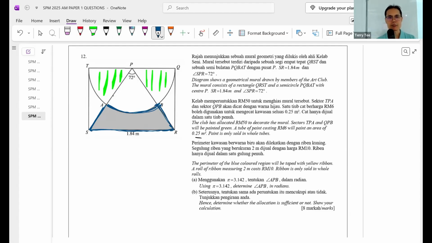Okay, where's APB? APB is 72. So very simple. What is your angle in radian? Angle APB will be 72 times 3.142 over 180. Give your answer in radian.